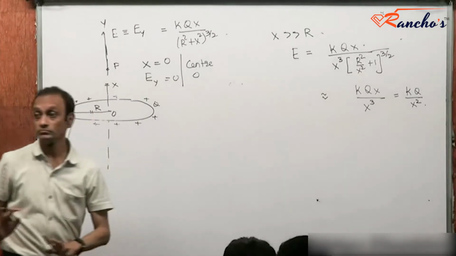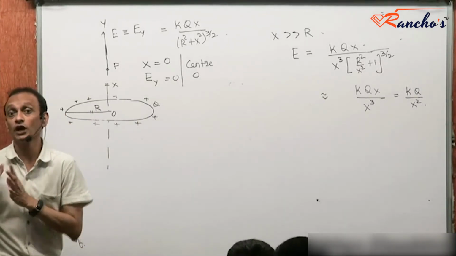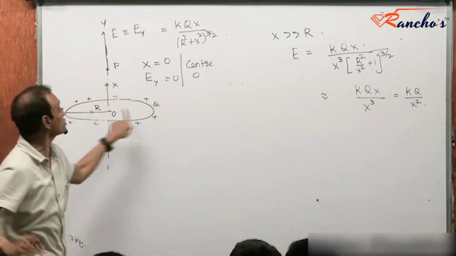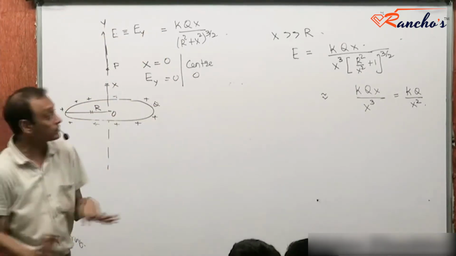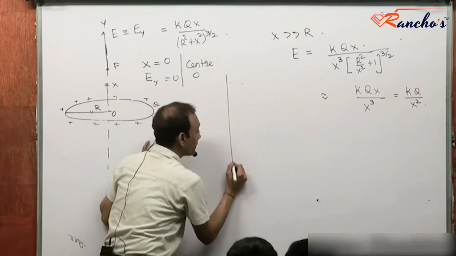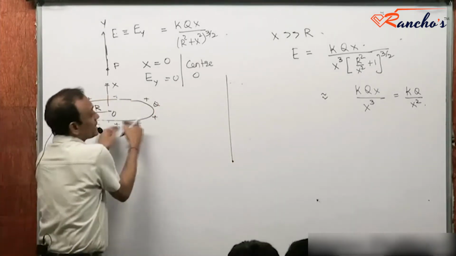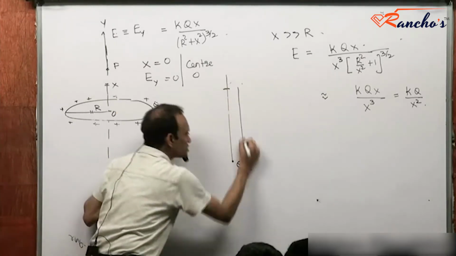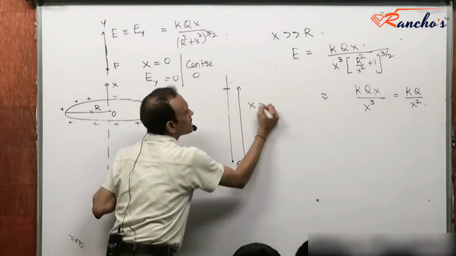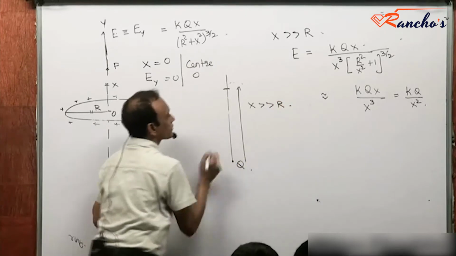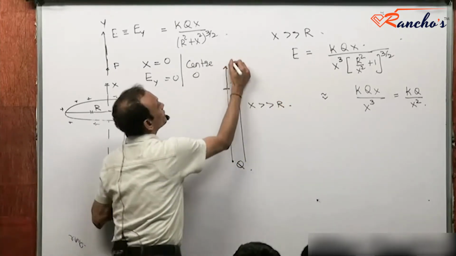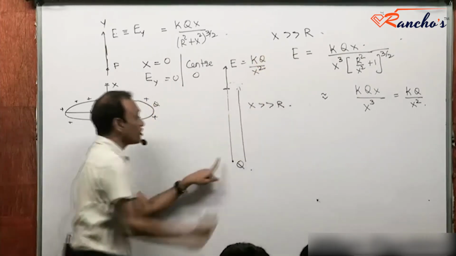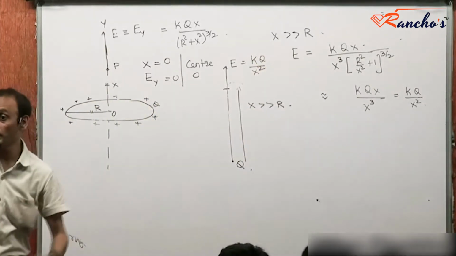Yes or no? Now think about what is happening. When you're moving very far along the axis, much larger than the radius R of the ring, it's as if this entire thing behaves like a point charge. Then at a distance x much larger than the radius, the electric field E becomes kQ by x squared, which is the electric field produced by a point charge.